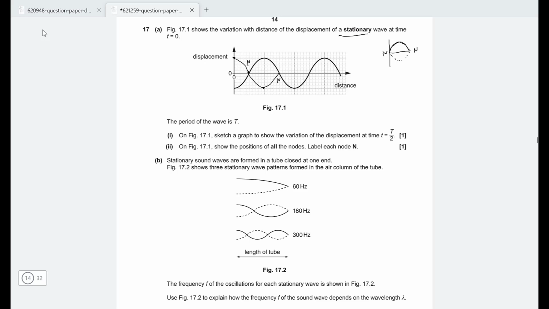And this one here will be up here like so, and just one more like so. So this over here is a node, this over here is a node as well. And remember, a node is a point of minimum or zero amplitude. So in this case, we have all the nodes labeled.